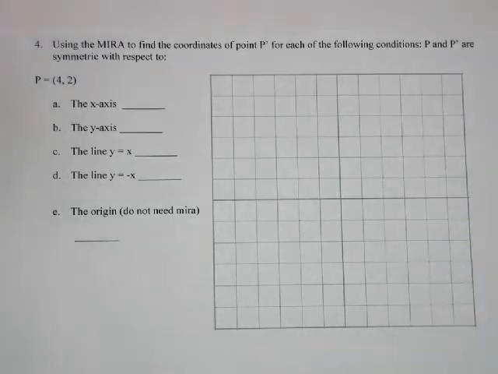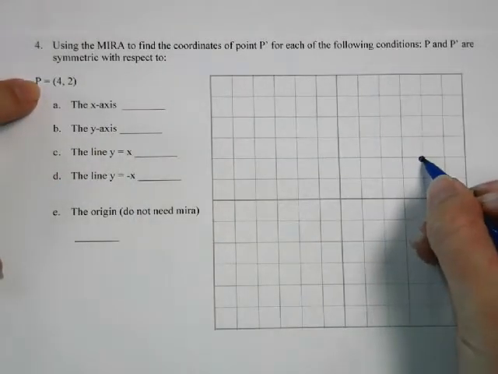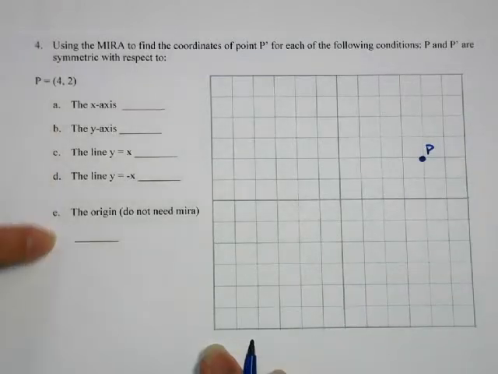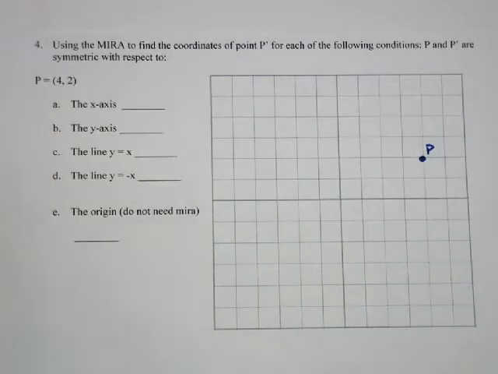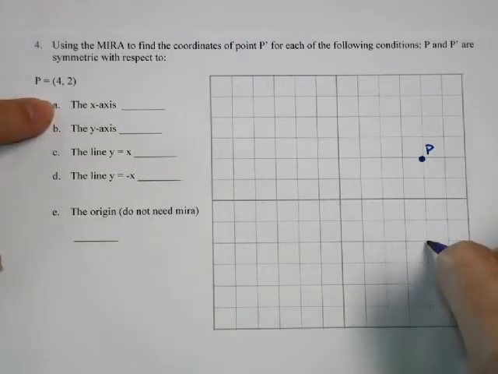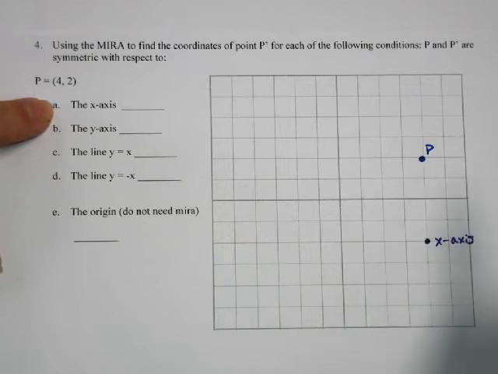All right, next we're going to do all of that same thing with a single point. So we're going to take the point 4, 2, and we're going to do these 4 or 5 different reflections. So we're going to take this over the x-axis. Okay, and then we're going to look at the coordinates.